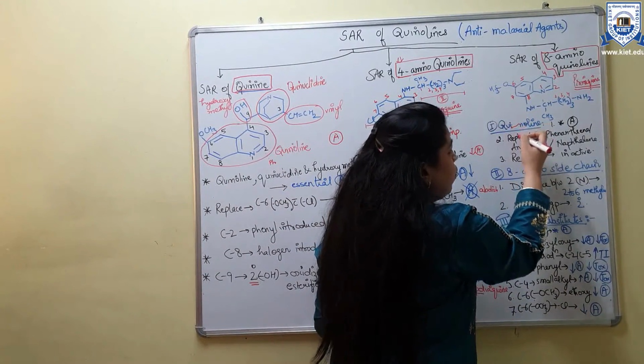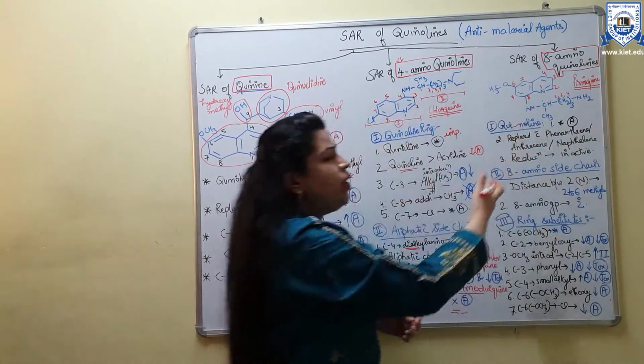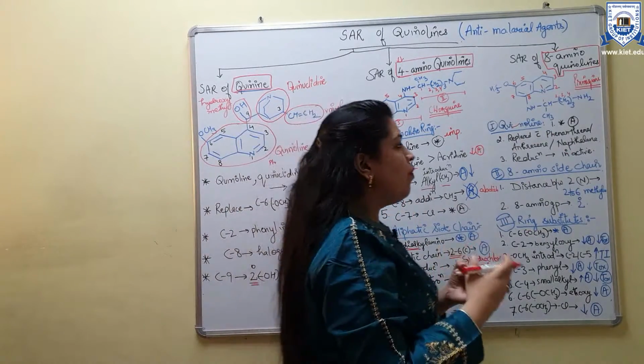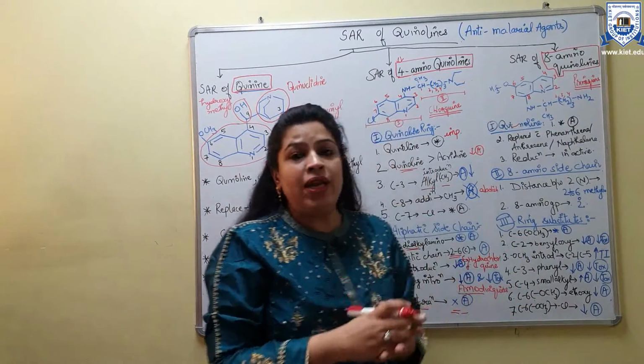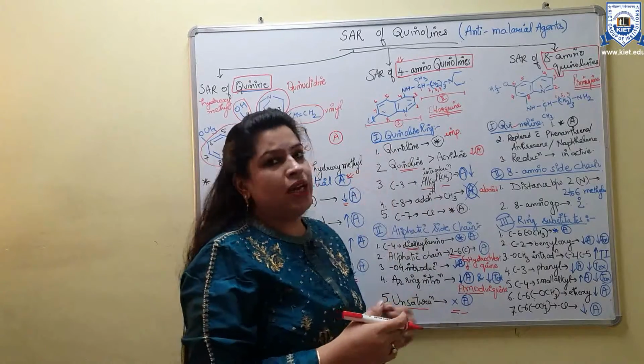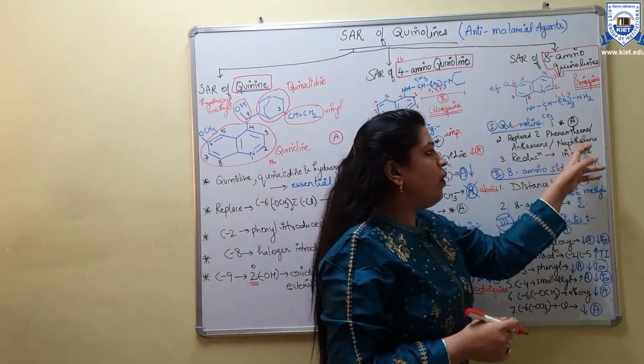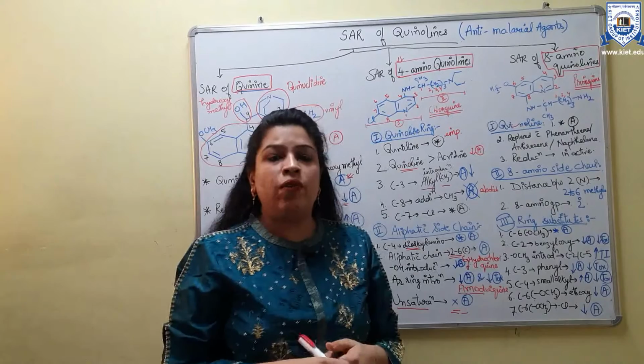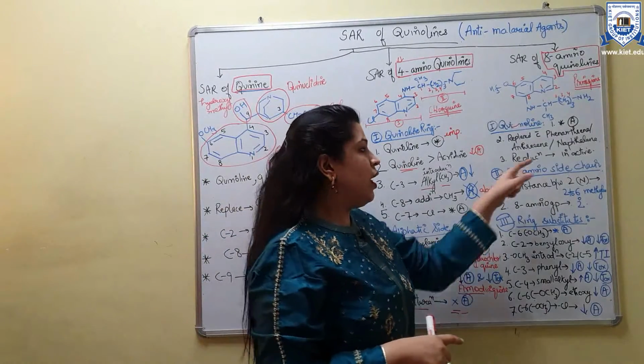If we see the quinoline, it can be replaced with phenanthrene, anthracene and naphthalene. There are many newer derivatives of this anti-malarial category where naphthalene is there. 1,4-naphthalene was an example when we studied the classification.